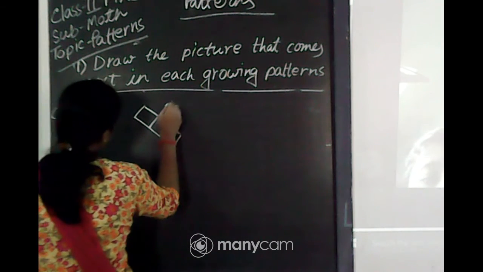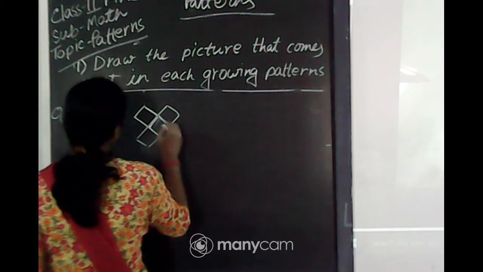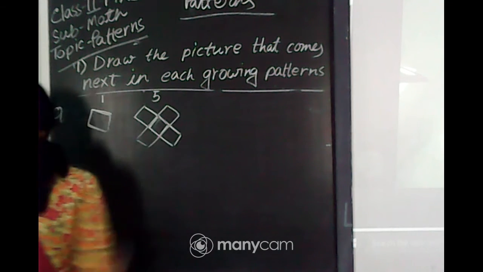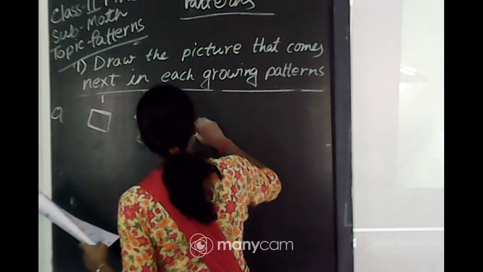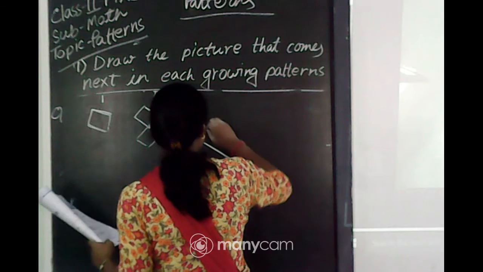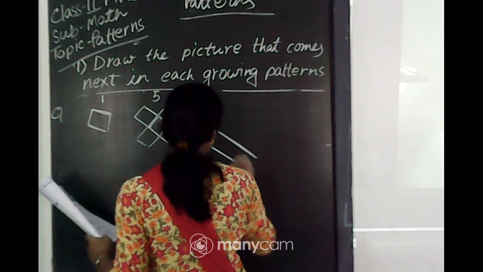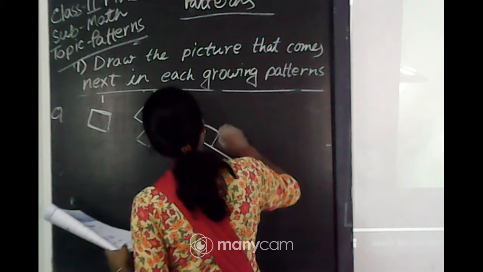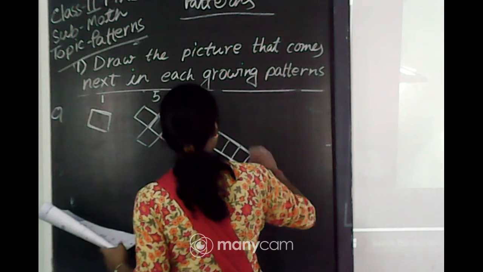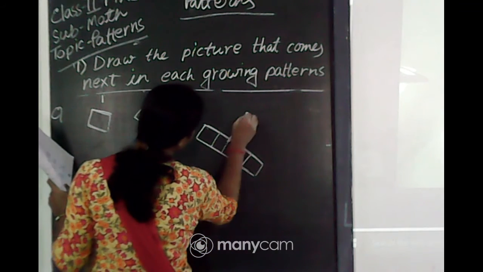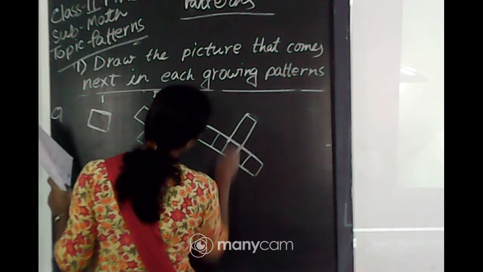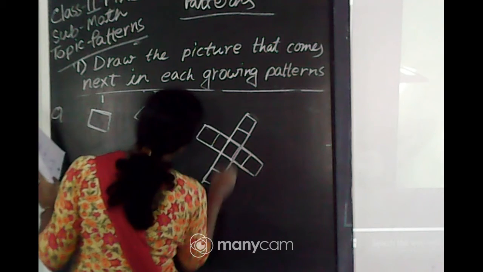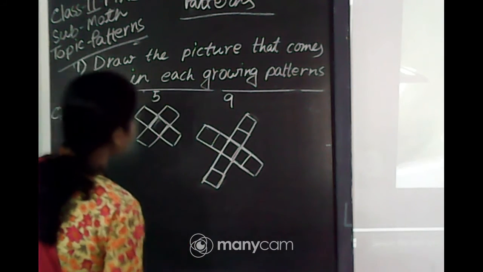Here, this first one, then 1, 2, 3, 4, 5, then 1, 2, 3, 4, 5, and here show 5, then 9, then what will be the next?